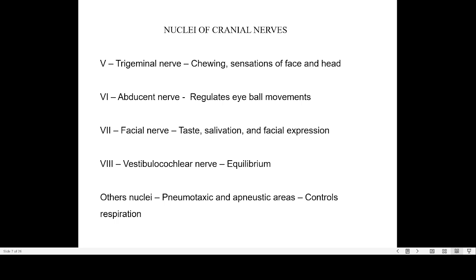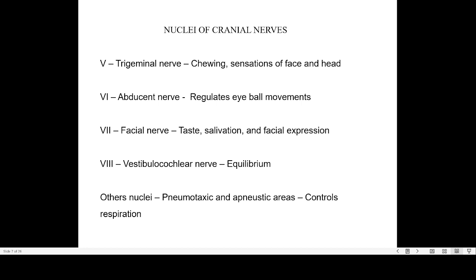Then another important center. Here the nuclei of four cranial nerves are present in the pons region. What are the four cranial nerve nuclei?